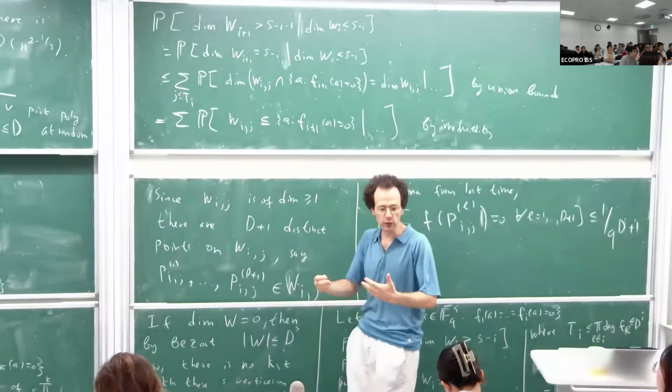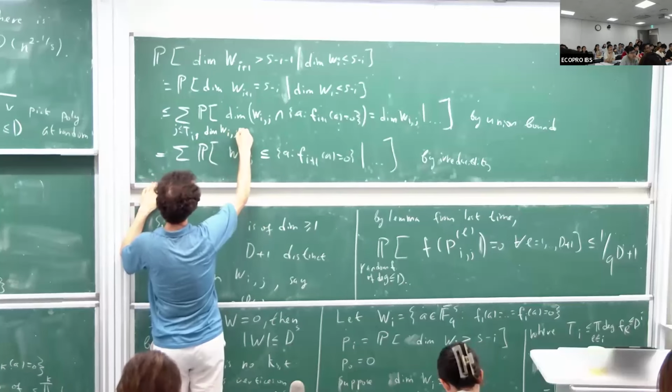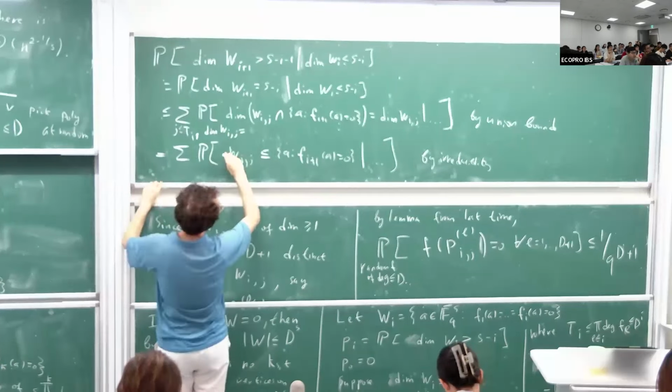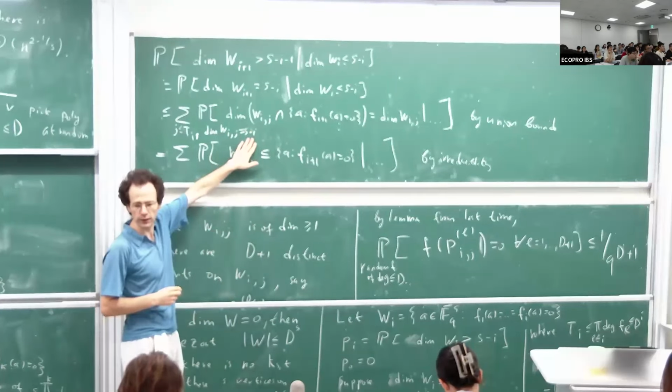So I should be restricting myself only to the components whose dimension is bad, because the other components which already have a lower dimension, I can ignore. So I should be doing the sum over this. Yes, thank you.